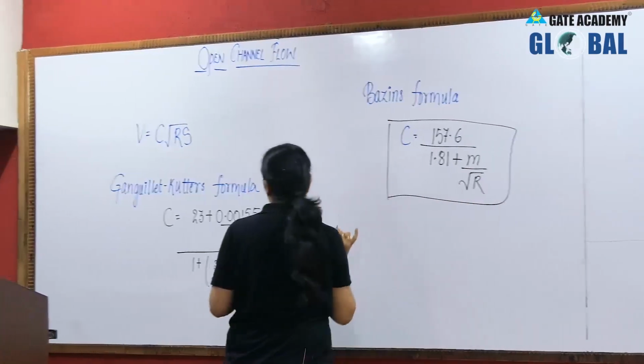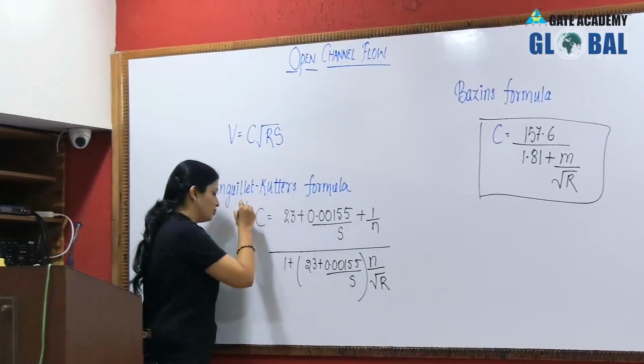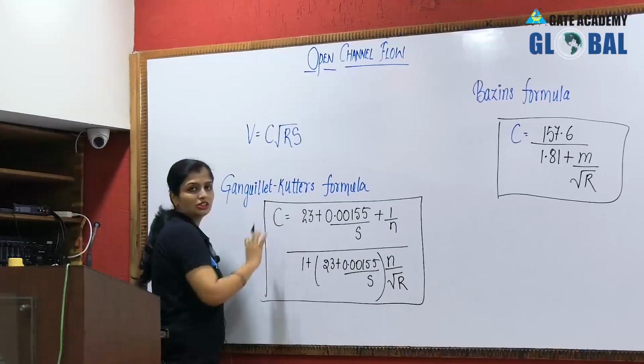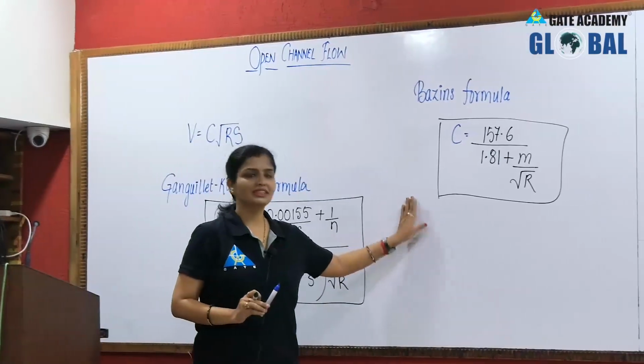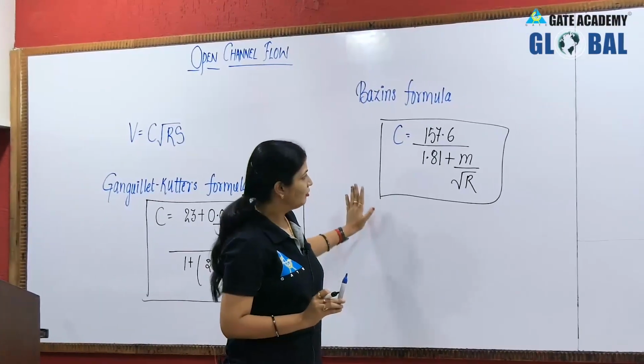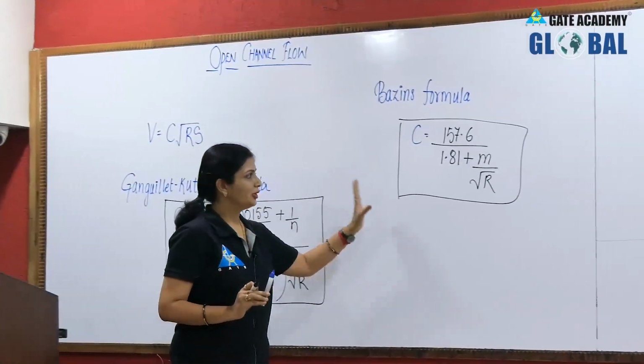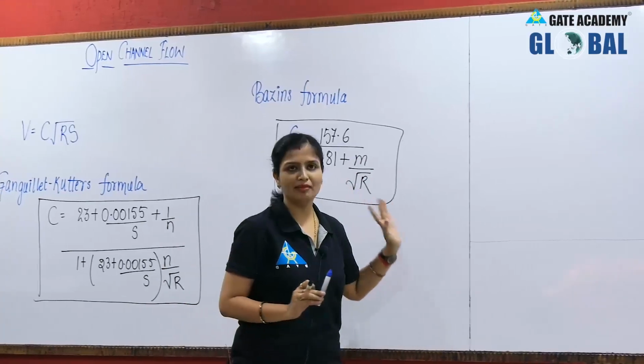Till now there haven't been any questions where you have to compute the value of Chezy's coefficient with the help of Kutter's equation or Bazin's formula. But still, you never know.